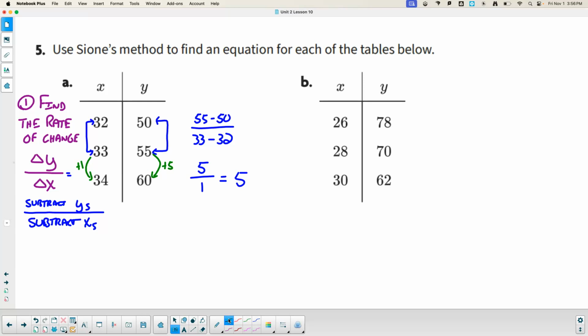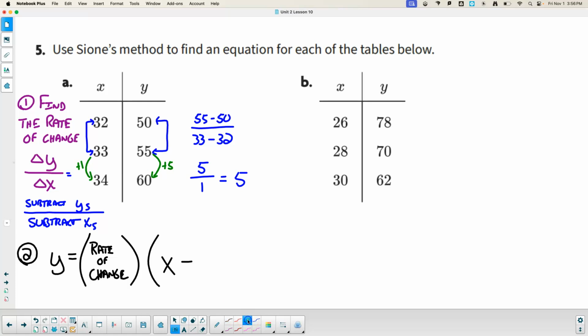Then, step 2, C's method is going to be y equals that rate of change times x minus the x part, or the input, if you will, then plus the y part of your point, or of your line.